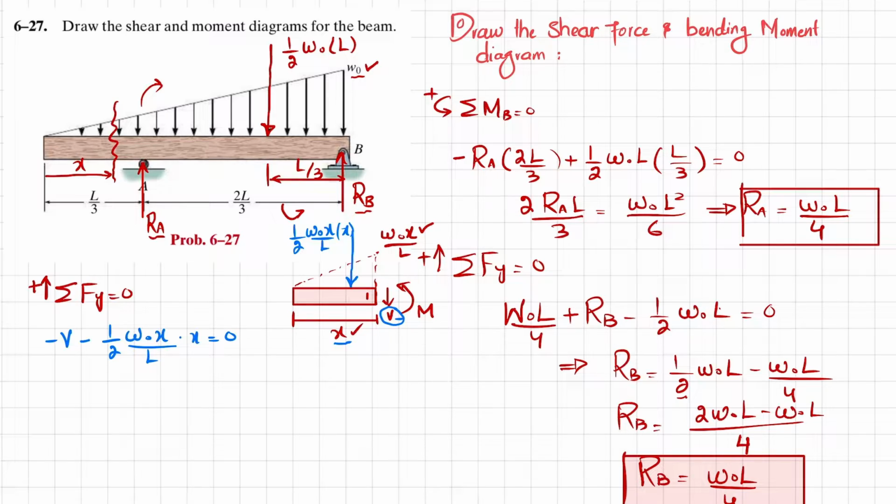Okay. So what we will get is V is equal to 1 over 2 W naught X square over L. And simply it will be equal to W naught minus W naught. V is equal to minus W naught X square over 2L.